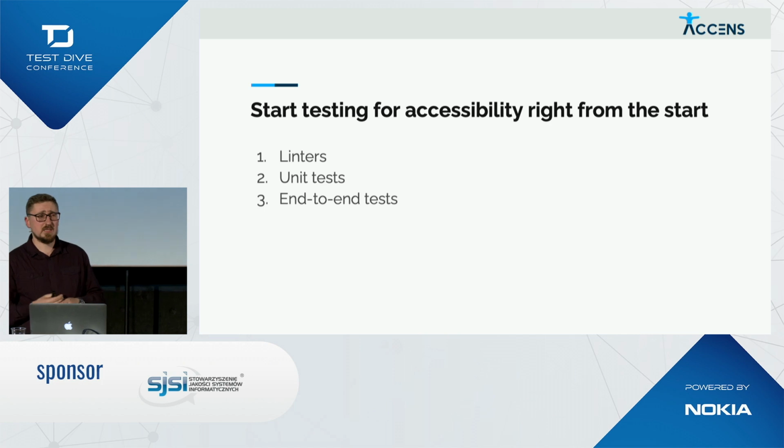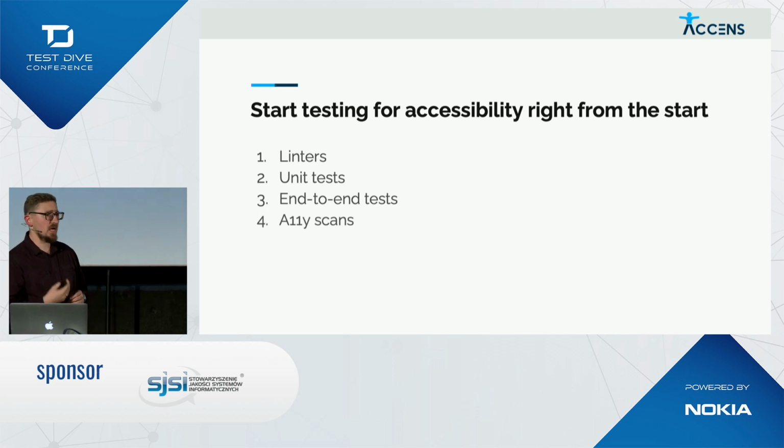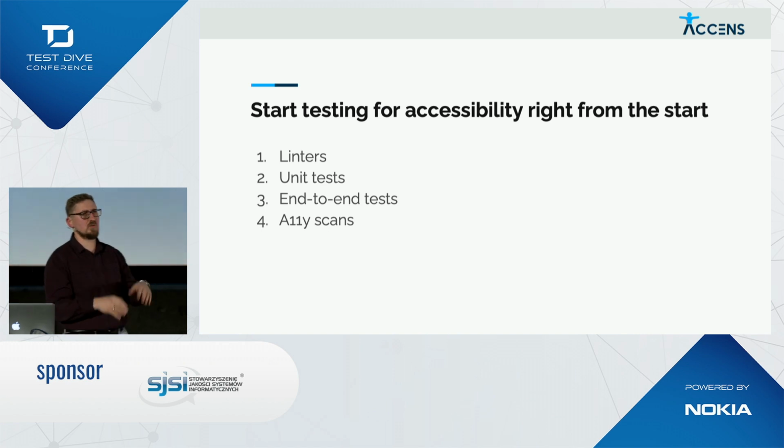You could test accessibility in end-to-end tests, and there are a number of libraries you can use for this kind of testing. And accessibility scans, which just run when you have everything delivered or ready. You can run such an accessibility scan to make sure that in the final stage it's still accessible.